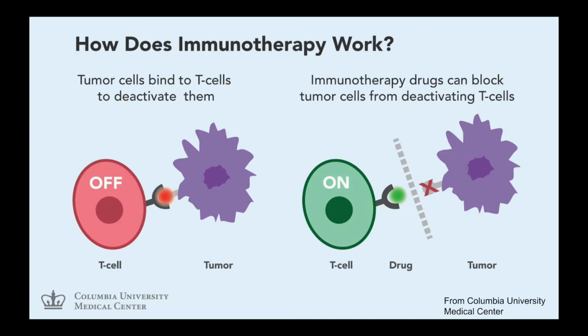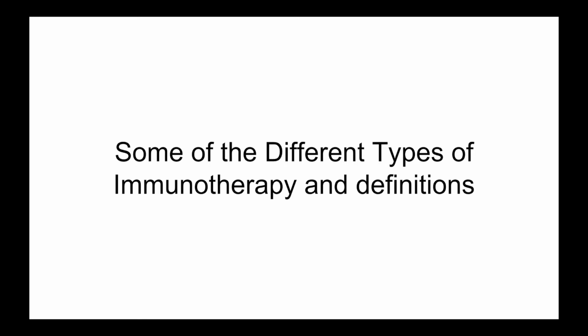But now on the right, you can see that in immunotherapy, once the drug's been infused, the T cell is now blocking the tumor, which is preventing the tumor from getting in and causing cancer, or cancer from advancing. In these next three slides, we're going to mention three different treatments of immunotherapy, the differences between them, and definitions.